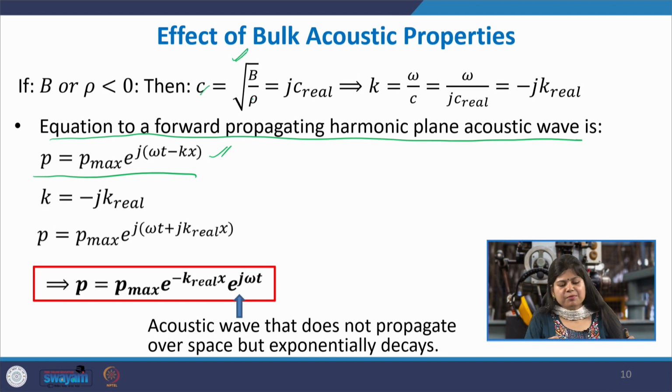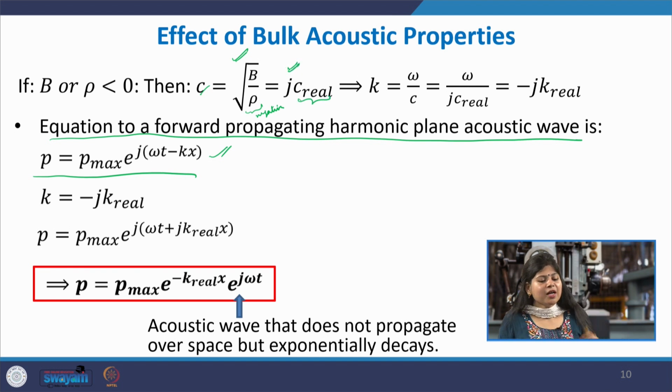When one of them becomes negative, we will have a speed of the sound with the root over some negative value. So, it would become a complex number, some j followed by some real quantity.